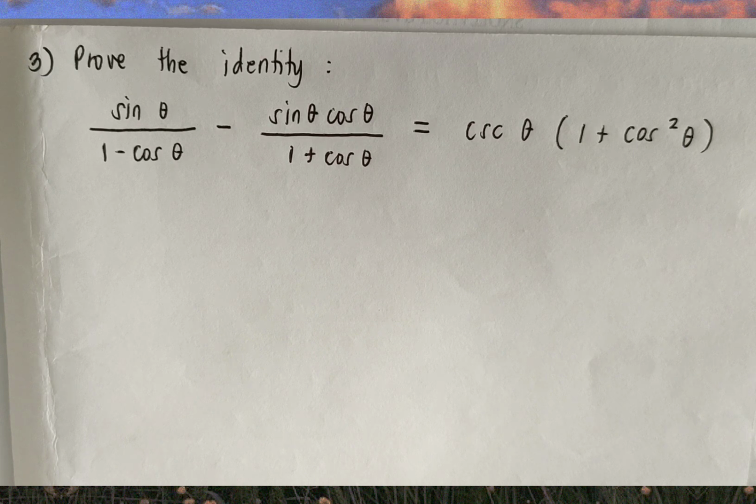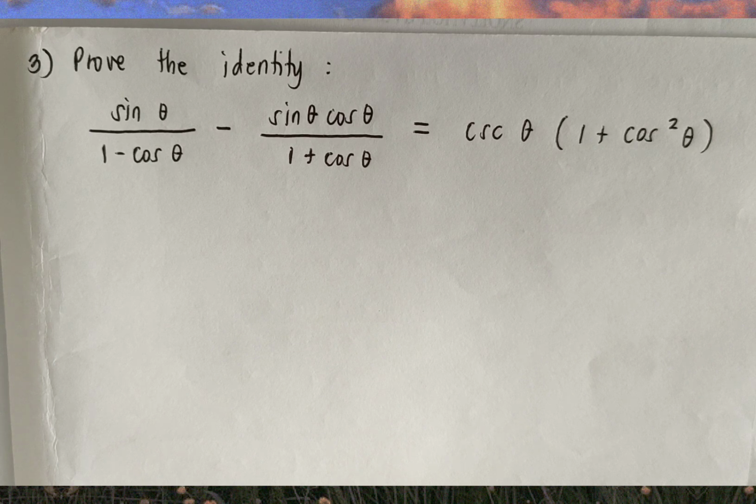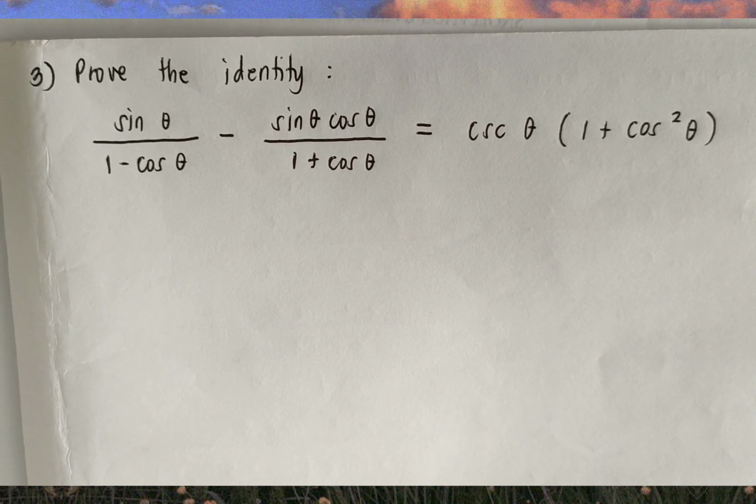Number 1, you need to transform one side of the equation into the other side using identities. Then you need to start working on the more complicated side. The goal side is left unmoved.